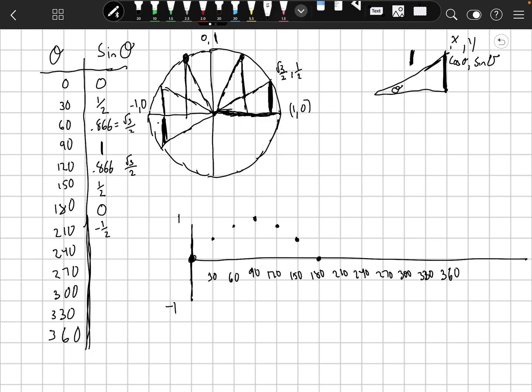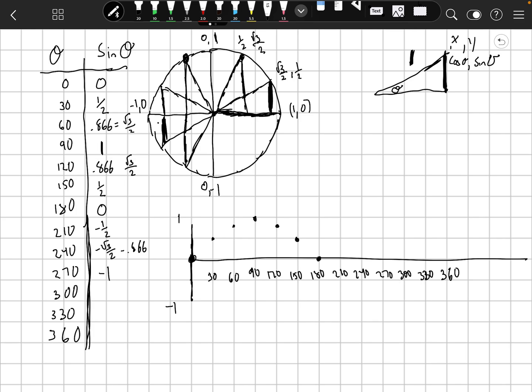And then 240 is going to be kind of like reference angle with 60. And 60, you might remember, was square root 3 over 2. So 240 is reference angle with 60, so we get negative square root 3 over 2, which is -0.866. And then at 270, we're at 0, -1, so it's -1.